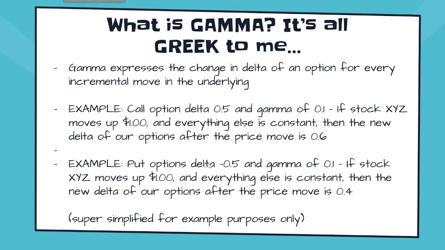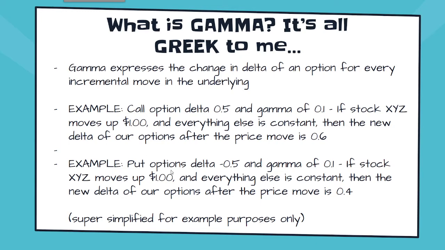So if you own a put option with a delta of negative 0.5 and a gamma of 0.1, and the stock moves up $1 with everything else constant, then the new delta of our option after the price move is negative 0.4. A put option is a bearish position, so if your stock goes up, your option gets worth less, so your delta goes down in magnitude.